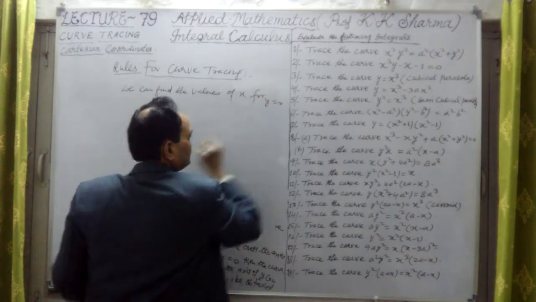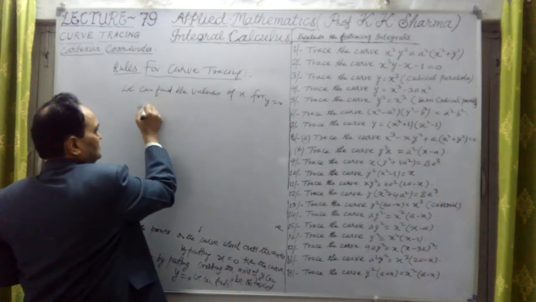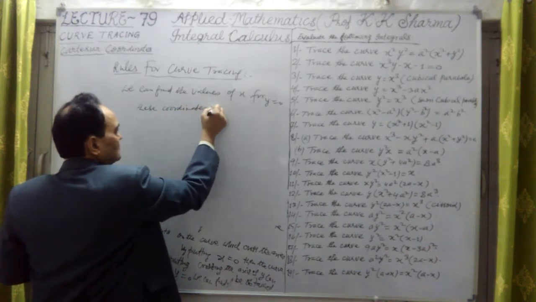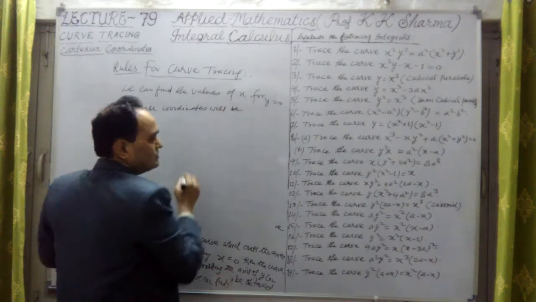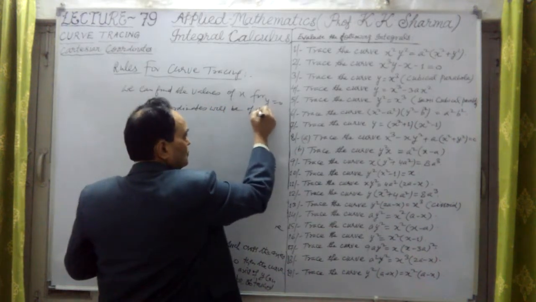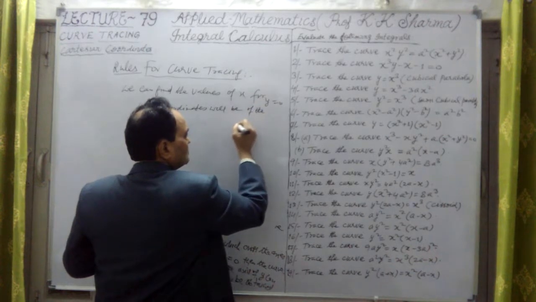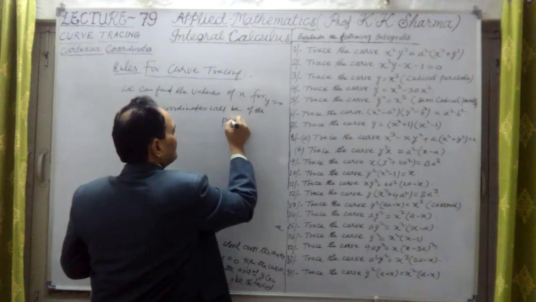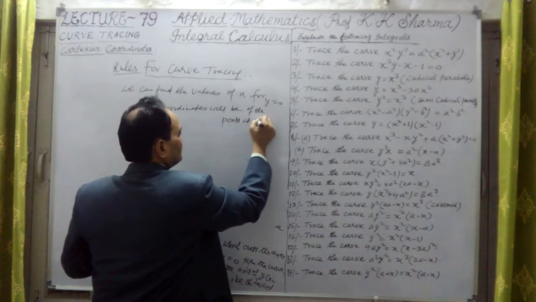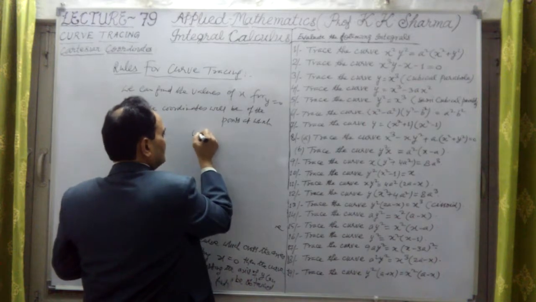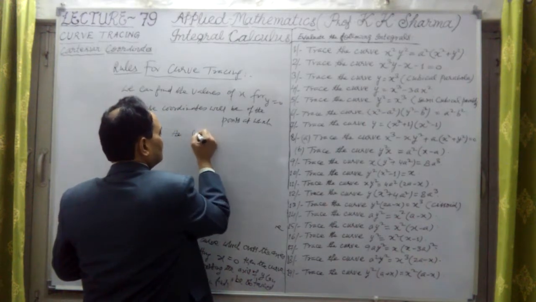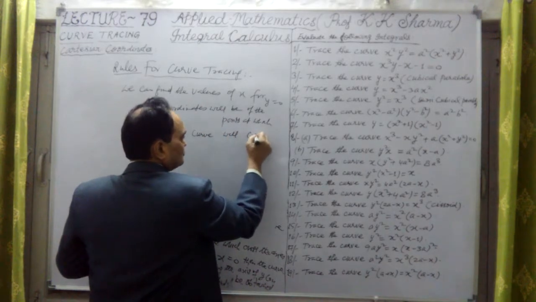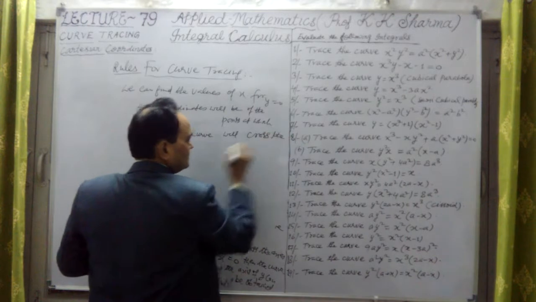These coordinates will be of the x-axis cutting points, the points at which the curve will cross the axis of x.